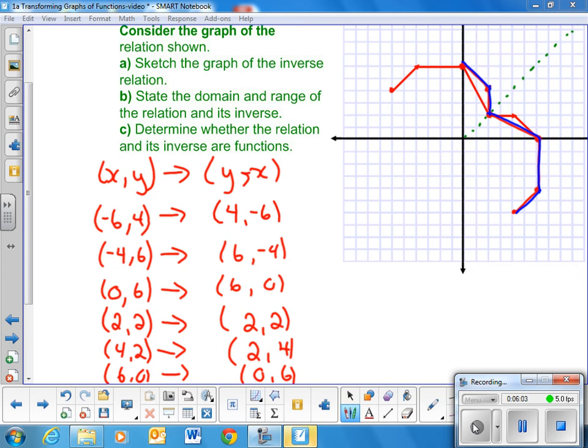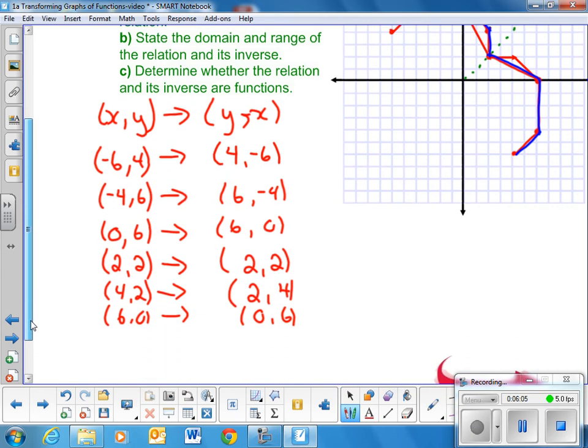Part B asks us to state the domain and the range of the original and its inverse. So let's do it this way. Let's go original and inverse. And let's start with the domain and then the range.